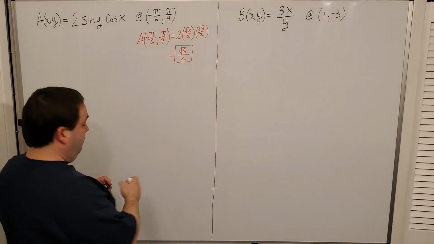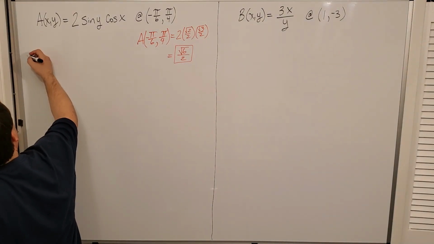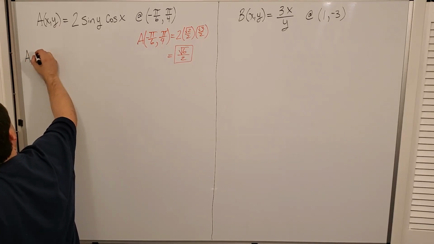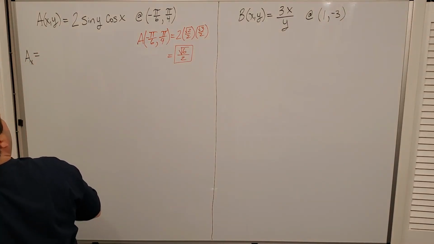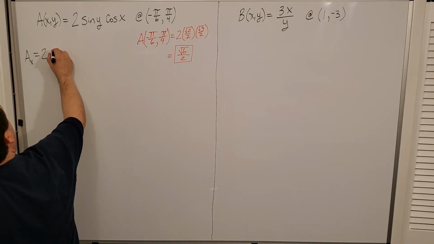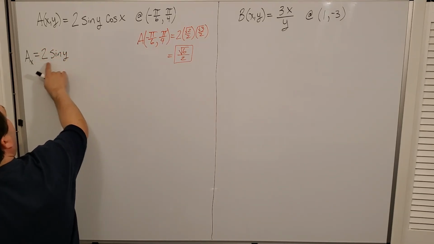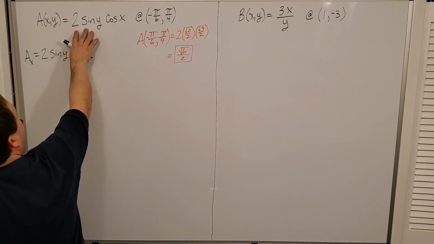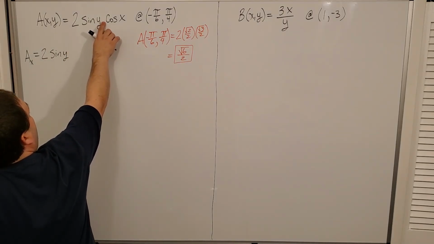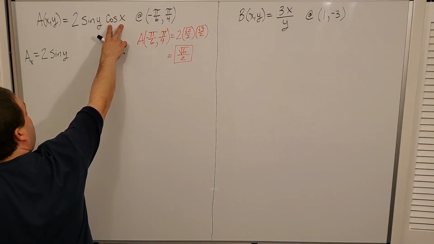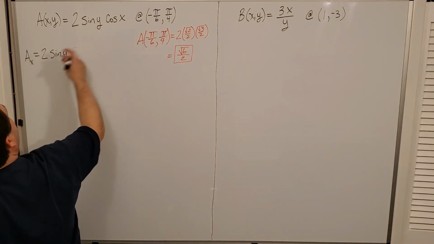Let's get our partial derivatives. A sub x is equal to, the 2 and the sine y are along for the ride, they don't have anything x in them, and then it's times the derivative of the cosine x part, which is negative sine.